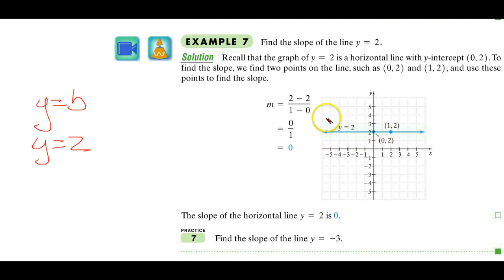Again, if we put 2 points into our formula, we get that the slope is equal to 0 divided by some number other than 0.